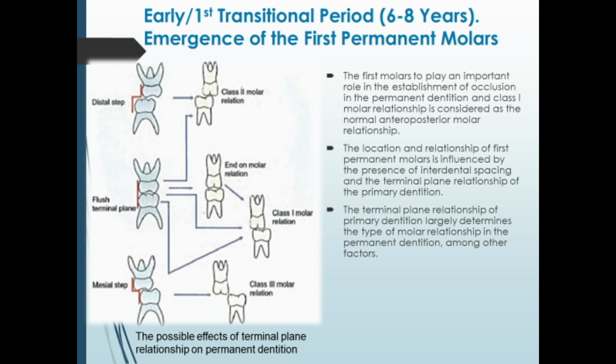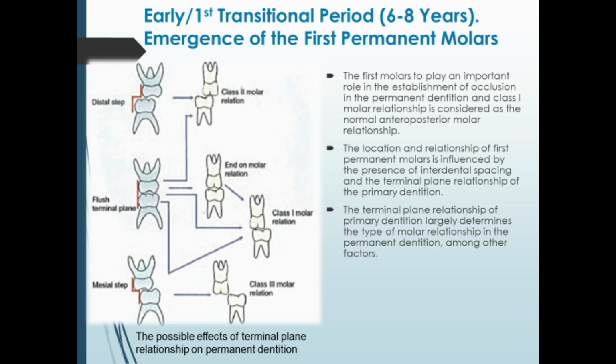Early transitional period is concerned with the replacement of the primary incisors by their successors and the addition of 4 first permanent molars to the dentition. This usually occurs in the age range of 6 to 8 years.